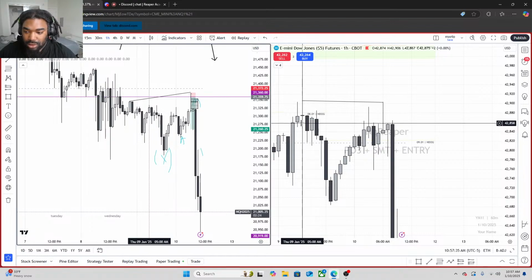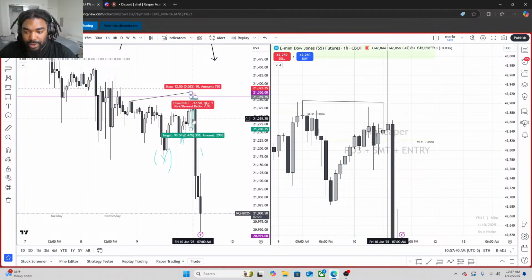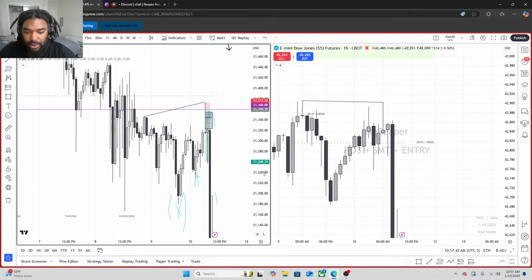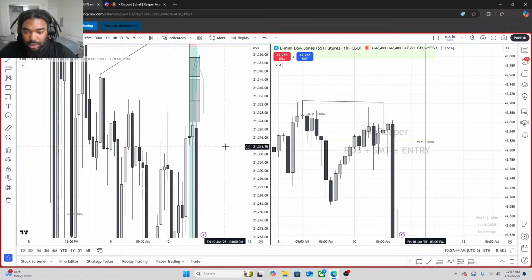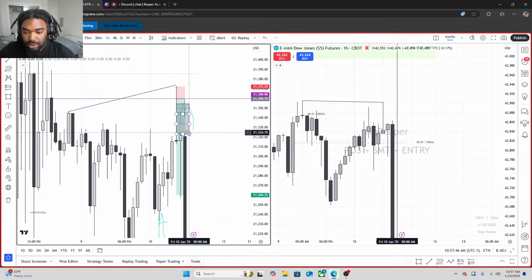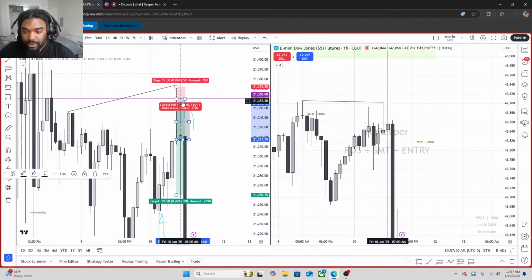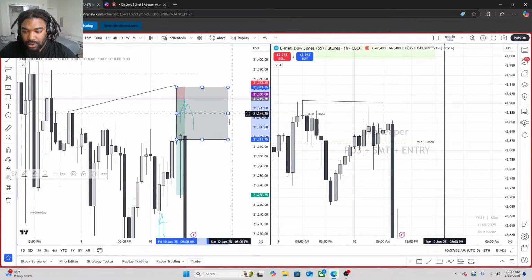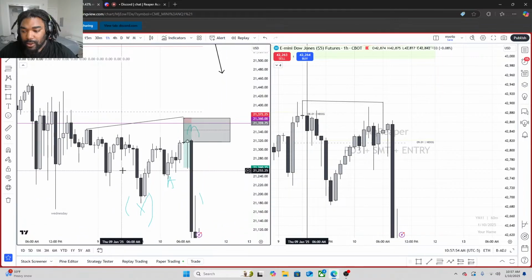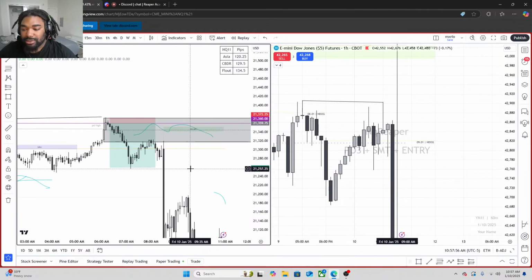Am I tweaking? No, it ain't no PSP. Oh wait, yes it is. Hourly time frame. Look right there. So we got the SMT on the higher time frame.